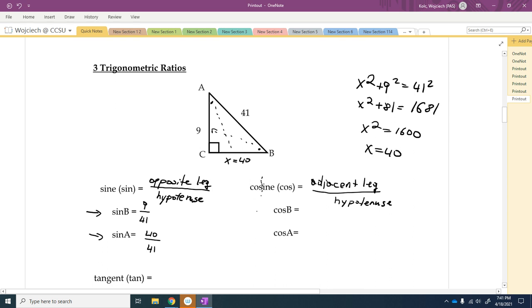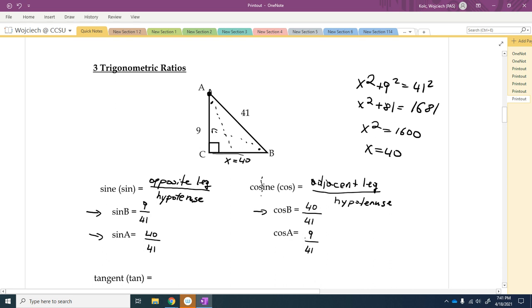Let's look at the first example, cosine of angle B. Cosine of angle B would be the adjacent leg, which is 40, over the hypotenuse, which is 41. Now what is cosine of angle A, which is over here? It will be the adjacent leg, which is 9, and again the hypotenuse of 41.